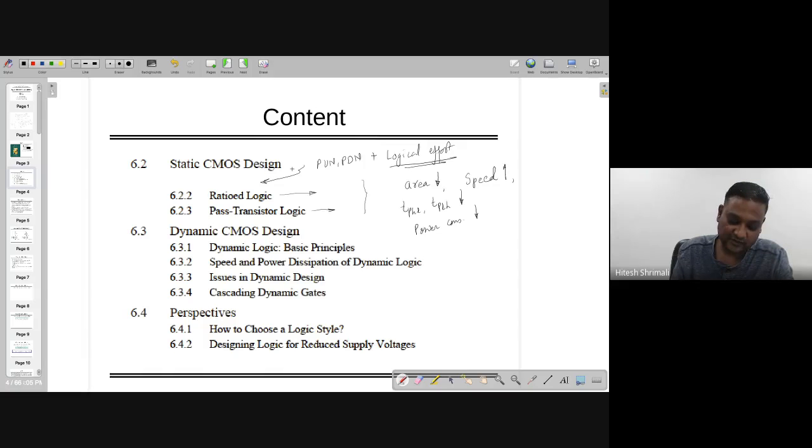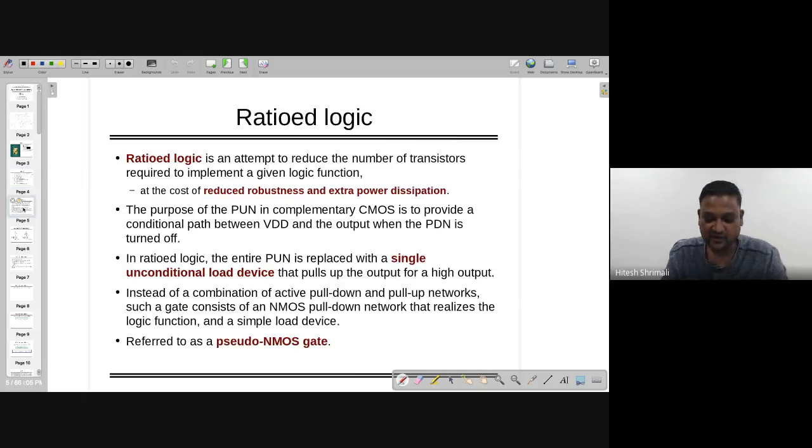Now we are going to start with the different topics on static CMOS design. Let's start with the ratioed logic. In the case of the CMOS network, where we were using the power up and power down networks, where the complementary CMOS technique was used, one was connected to VDD and one was connected to ground, and those were defined as the power up and power down networks.